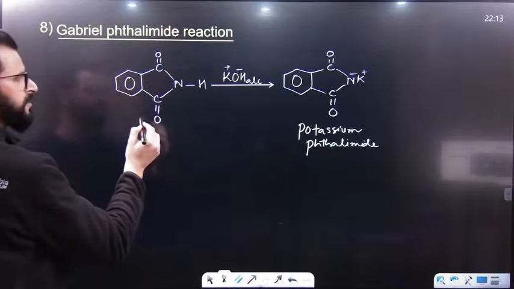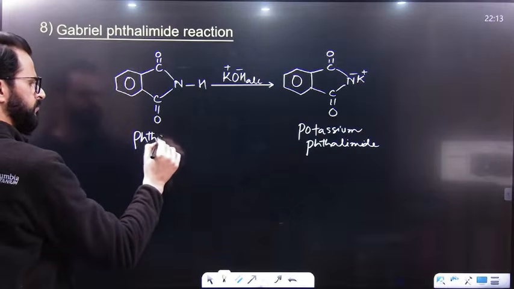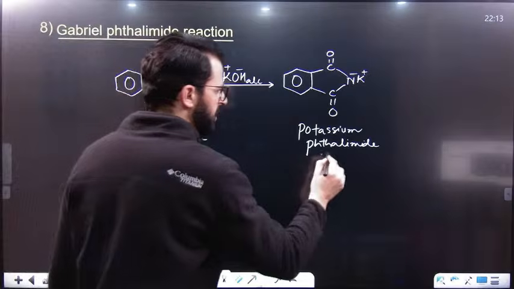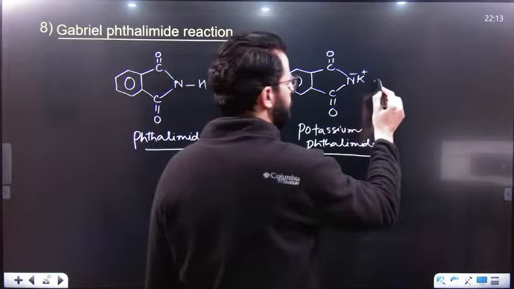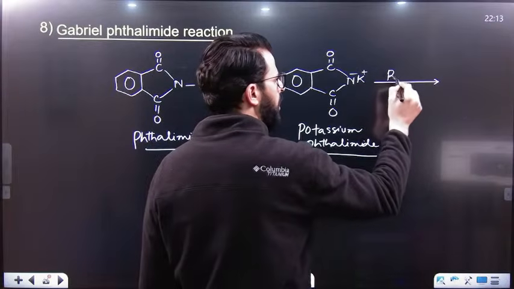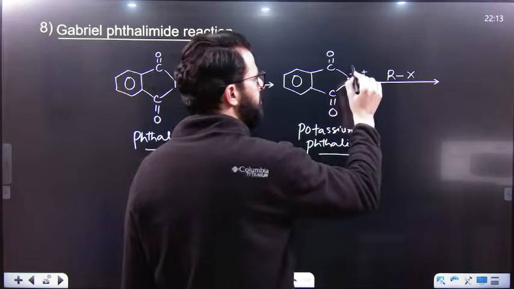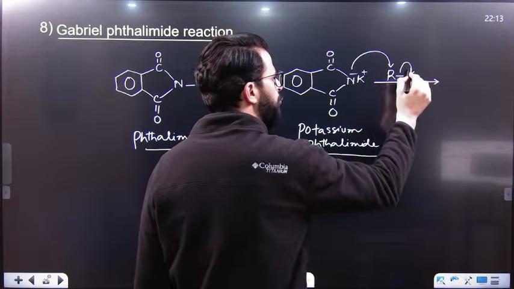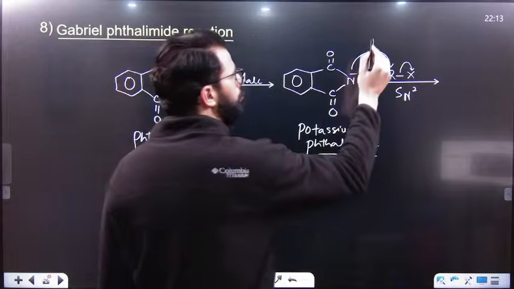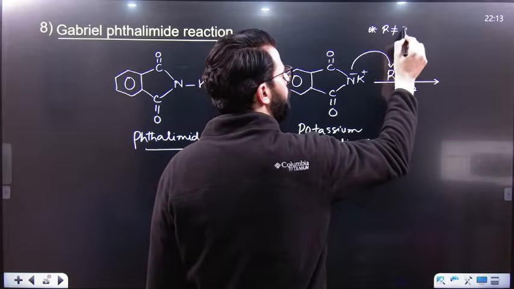Now, what about this? This was phthalimide. This is potassium phthalimide. After that, we will treat this with RX. Now, remember, this step is an SN2 step. So, we have to remember a few points. R is not equal to tertiary over here.